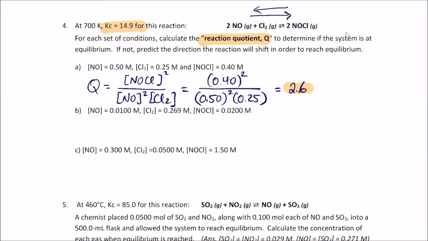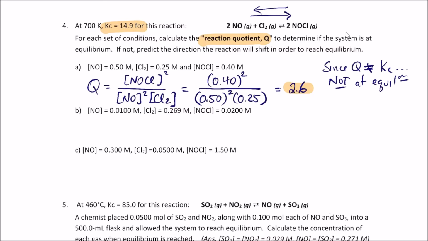So was this set of conditions at equilibrium? No. Why do we say no? Because Kc was 14.9 and Q is 2.6. So I'll say since Q is not equal, putting an equal sign with a slash through it, since Q is not equal to Kc, we are not at equilibrium.